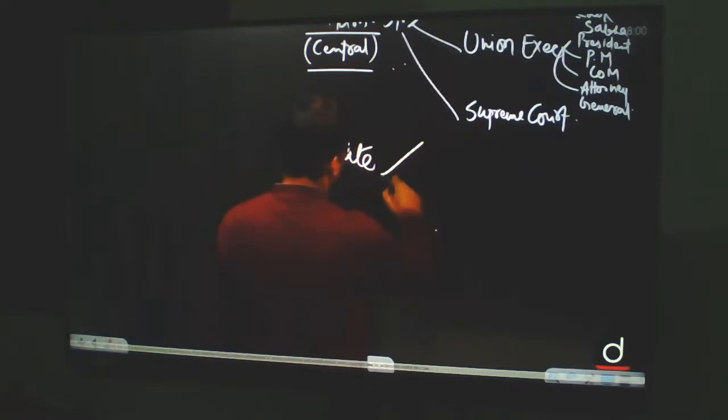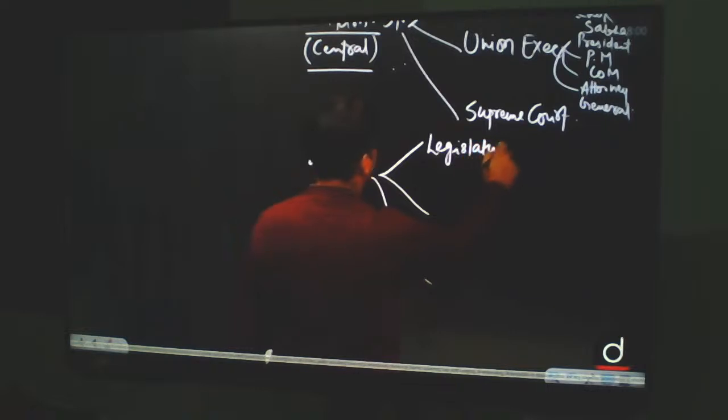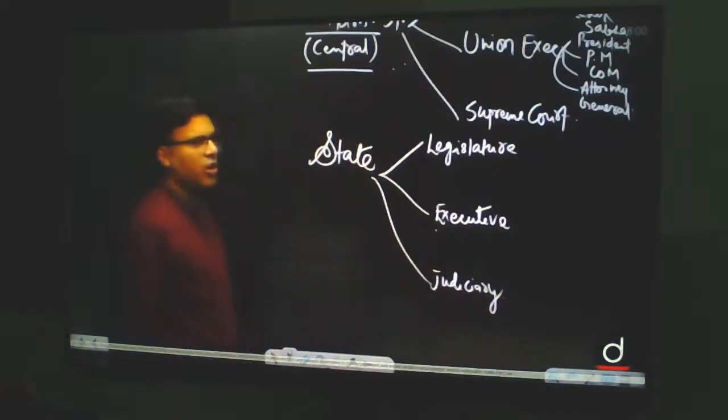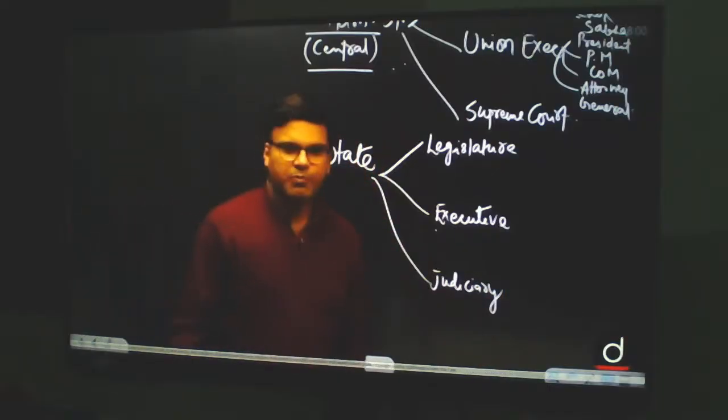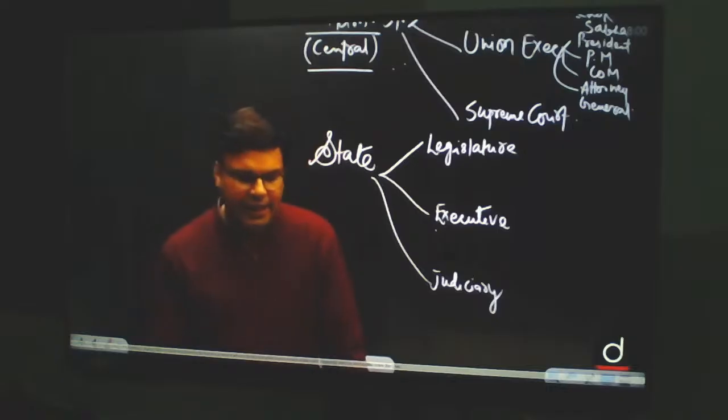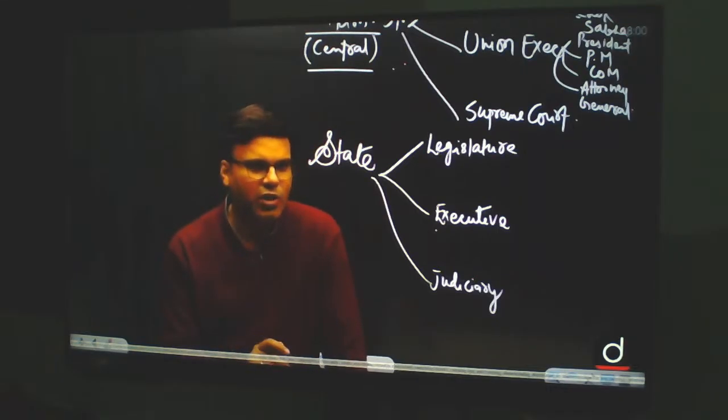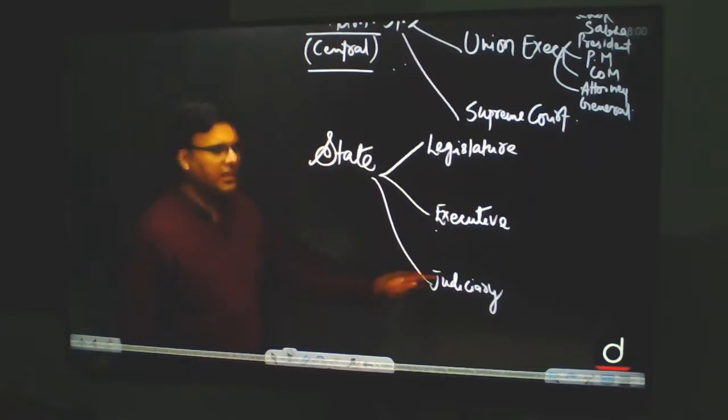The same division: you have the state legislature, state executive, and state judiciary. As I said, our judiciary is not center and state specific. Our judiciary is an integrated judiciary. But for the purpose of understanding right now, we are writing about the judiciary at the state level also.